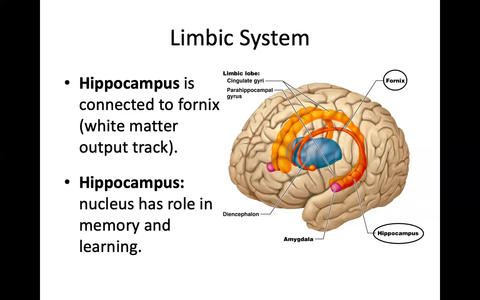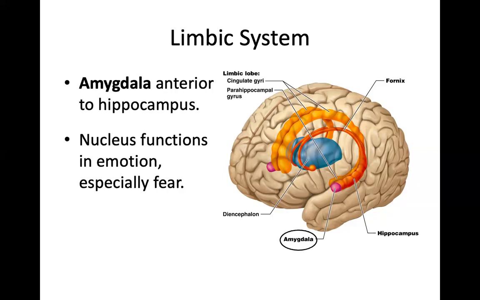Hippocampus is connected to the fornix, and the nucleus has a role in memory and learning. Point to note, part of the limbic system, hippocampus, is for learning and memory. Another part is the amygdala. Nucleus functions in emotion, especially fear. So that is the amygdala part.